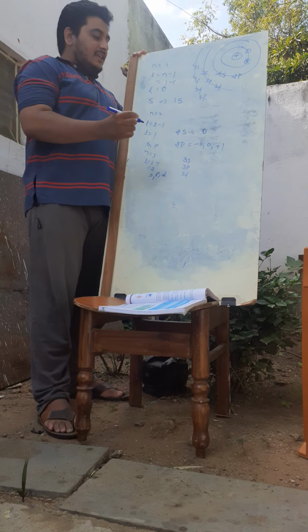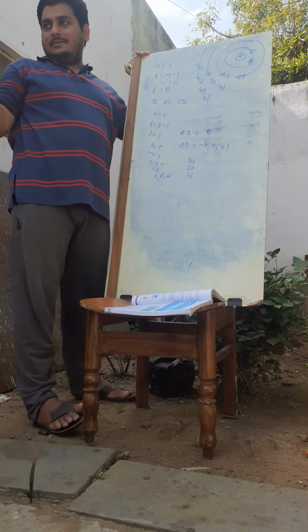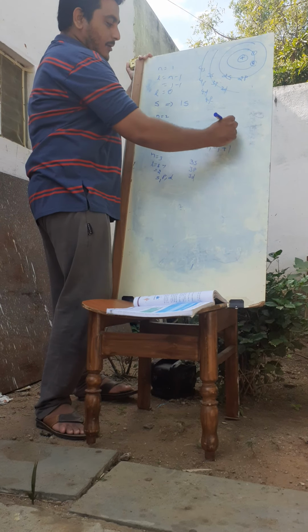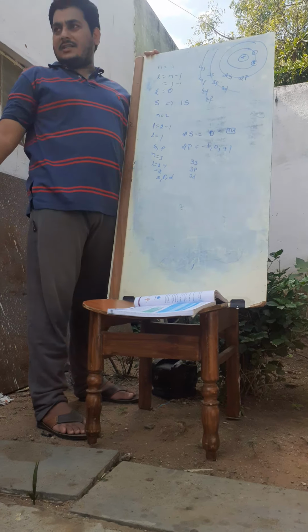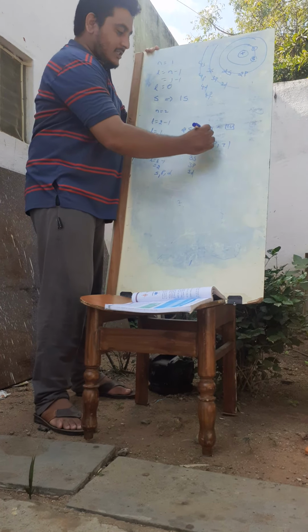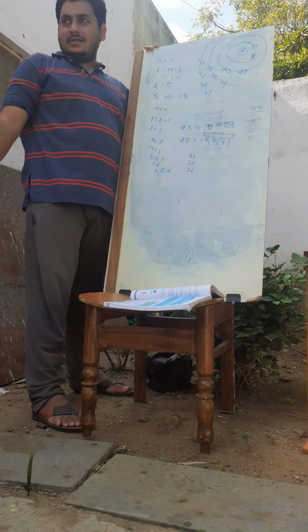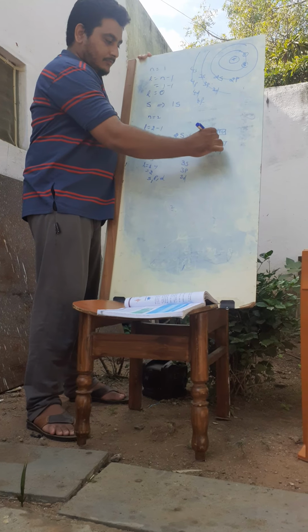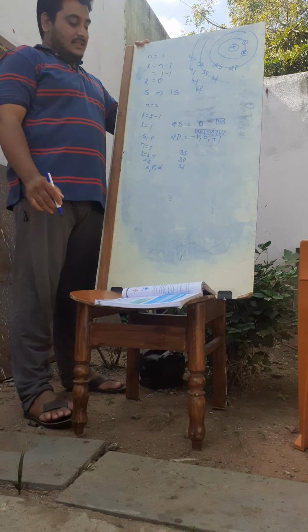Each s orbital consists of one box, and one orbital means it consists of 2 electrons. When it comes to p, how many boxes? 3 boxes, so how many electrons? 6.